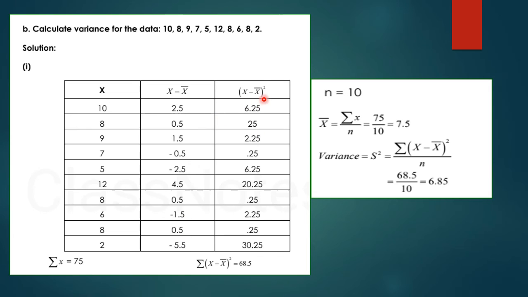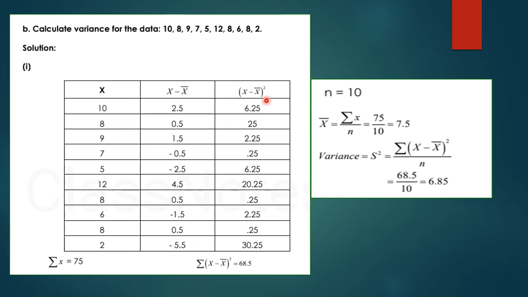After that, (x minus x bar) whole square means 2.5 multiplied by 2.5, 0.5 multiplied by 0.5, 1.5 multiplied by 1.5, minus 0.5 multiplied by minus 0.5, minus 2.5 multiplied by minus 2.5, 4.5 multiplied by 4.5, 0.5 multiplied by 0.5, minus 1.5 multiplied by minus 1.5, 0.5 multiplied by 0.5 and minus 5.5 multiplied by minus 5.5.